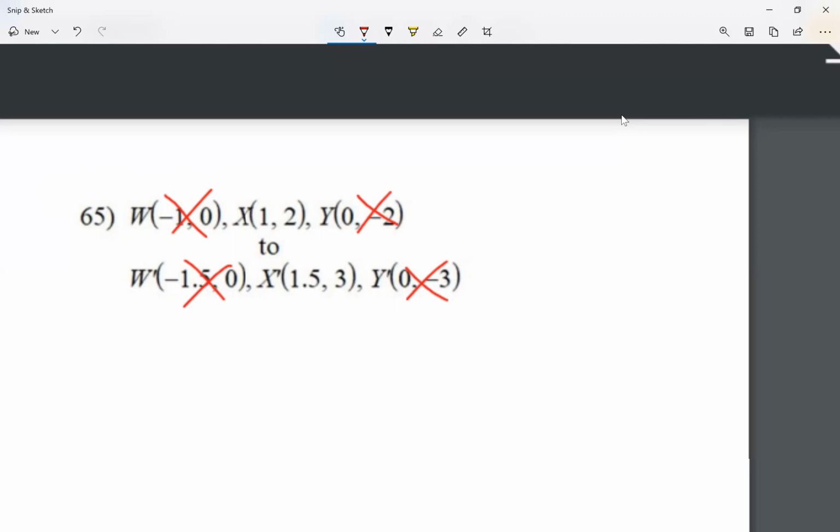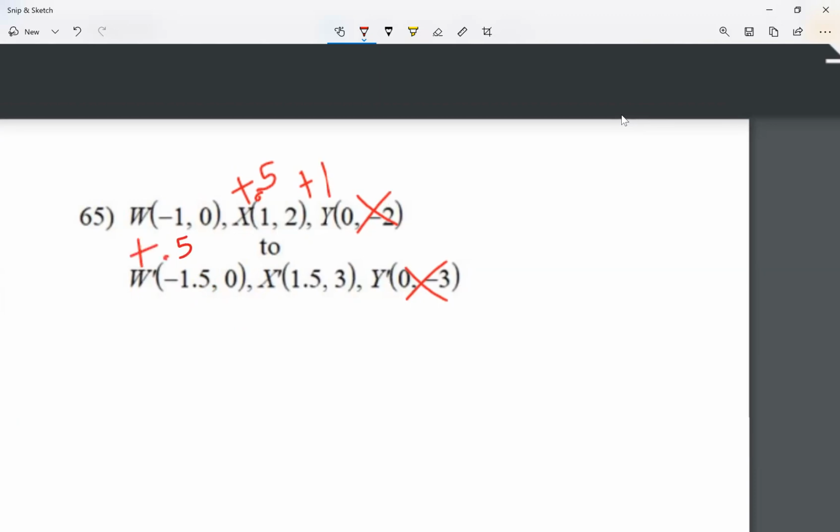Okay, so if it is translation, it seems like I have to add 0.5 to the X, and then I have to add 1 to the Y. If it is translation, then I take a look at one of my other points to see if it happens with all of them.